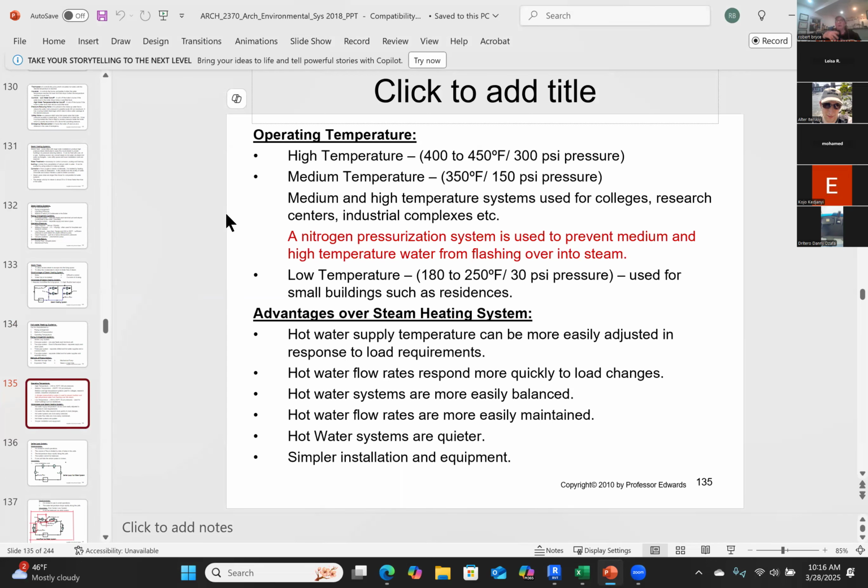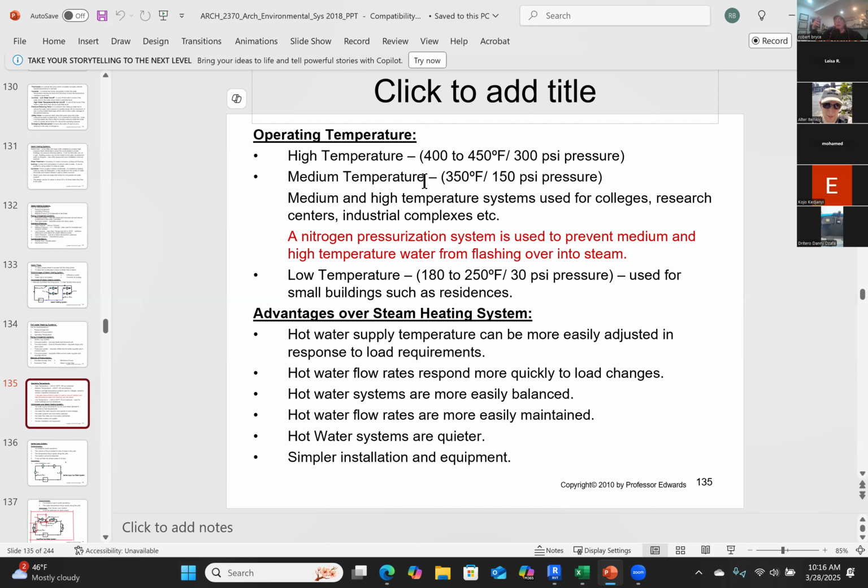If your system requires just water for showering, dishwashing, then you would probably have a low temperature system, which would be 180 degrees. All right. But you might have some sort of equipment that requires a higher temperature in your system, and that might be a medium temperature, or you might have incredibly high temperature requirements.